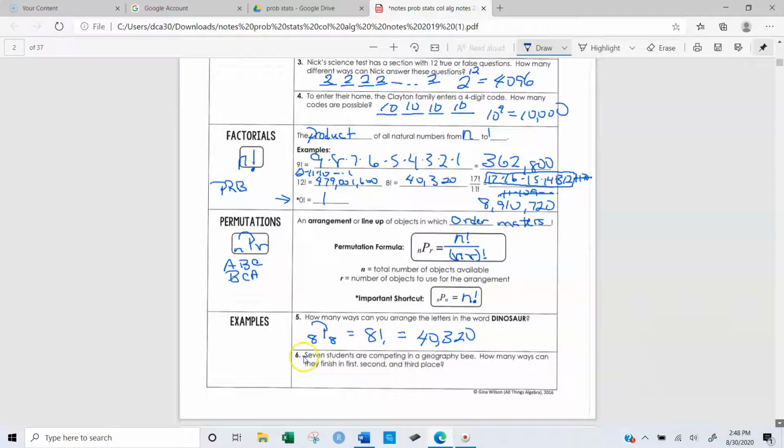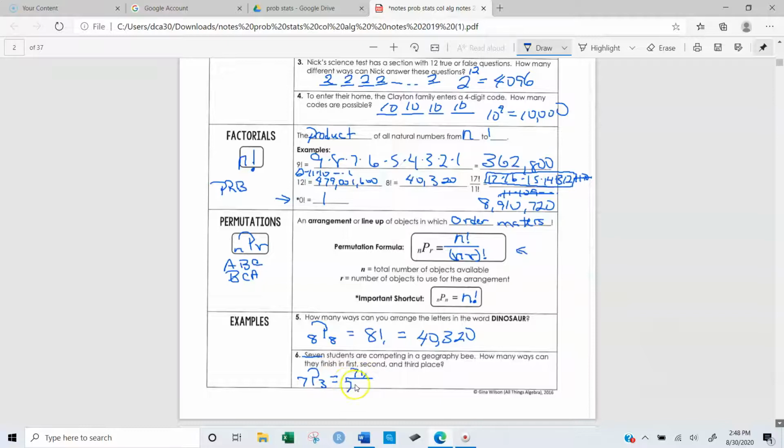There are 7 students who are competing in geography bee. How many ways can they finish first, second, third? So I want to choose 3 of them. So this is 7 permutations of 3. And when you look at it, that's 7 factorial, following your formula up here. 7 factorial, how many I have?